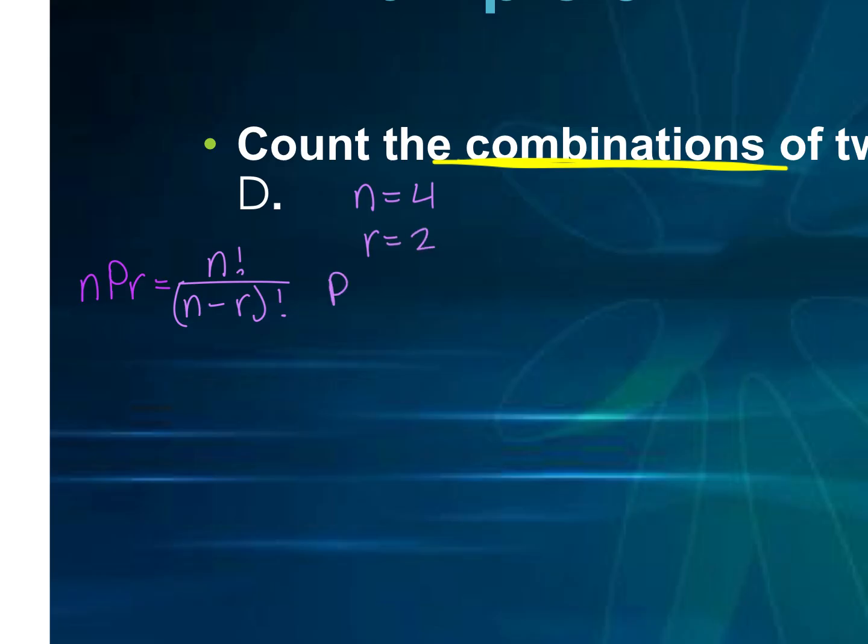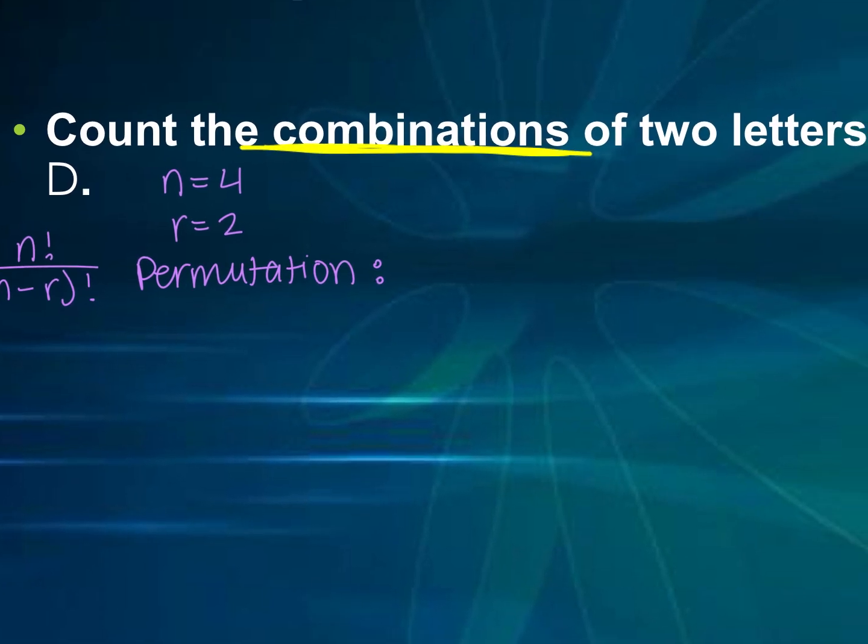So again, this one I'm doing as permutation, and then we'll do combination after. Solving for permutation, this is what we did yesterday. I'm going to have 4P2, and I'm going to write it as 4 factorial over 4 minus 2 factorial.